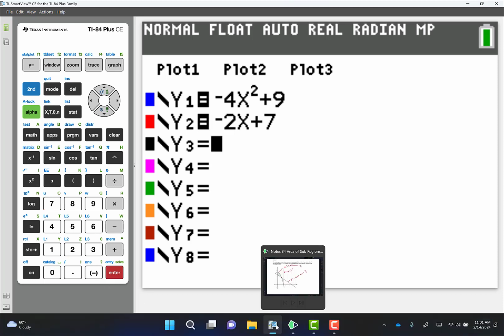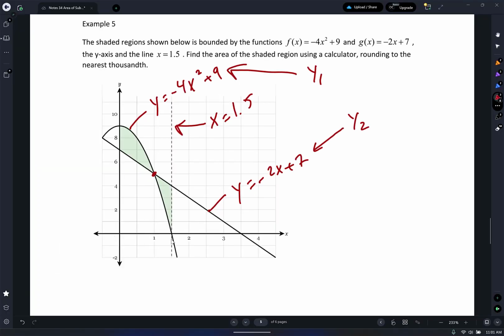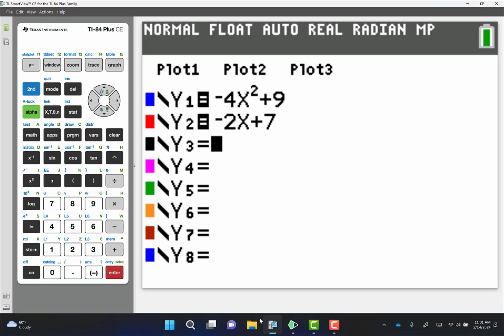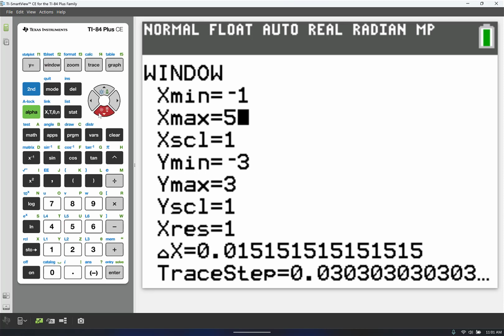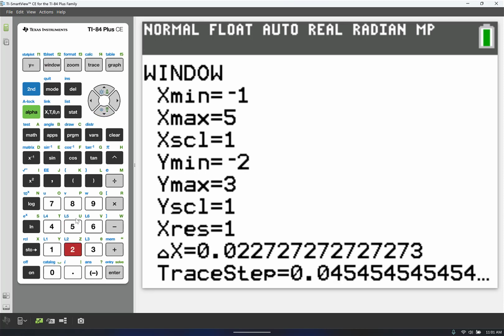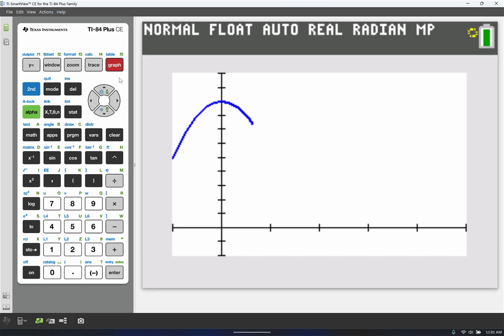All right, let me see my window here. I'm going from -1 to 5 on the X and -2 to 11. Window, -1 to 5 and -2 to 11. Push graph. Voila.